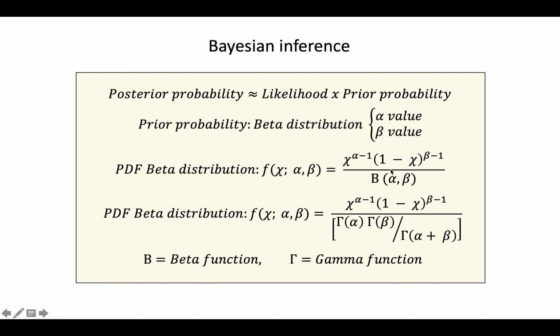So we have to plug some values for alpha and beta, and you can see here that it's a little bit complex as well because it involves the gamma and beta functions, which are represented here again. So you see how important they are.